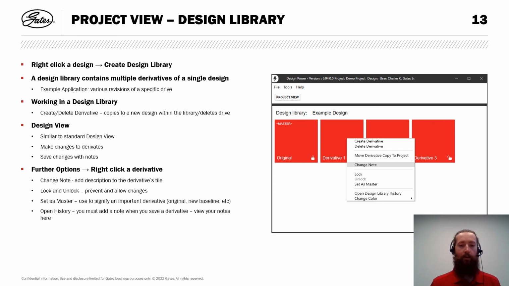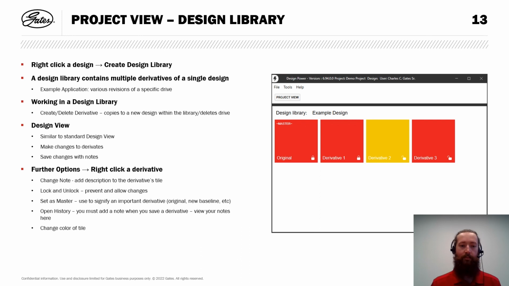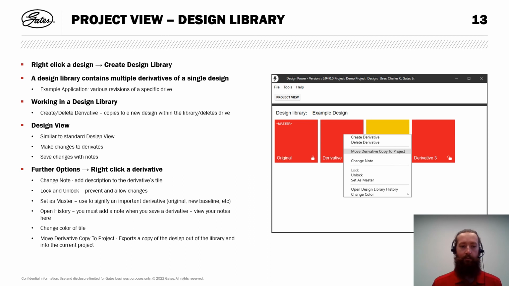You can also open the history of your design library, seeing as you must add a note when you save a derivative. All of your notes are shown here. So you can see my note of smaller driver, longer belt, and center distance up there, along with when the changes were made and who made them. We can also change the color of a tile. In this case, I made derivative 2 yellow.